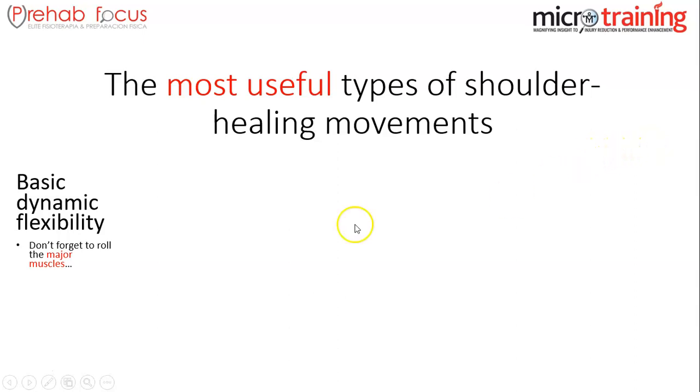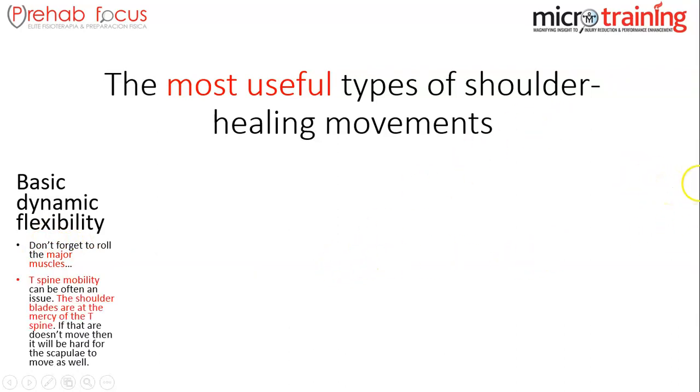And this should always be followed by some eccentric movement, like slow eccentric movement, full range of motion, or something similar, in order to keep that range of motion gained by rolling the muscle itself.